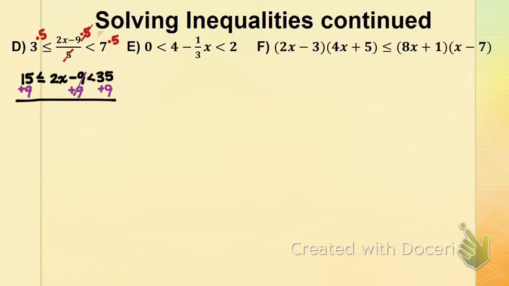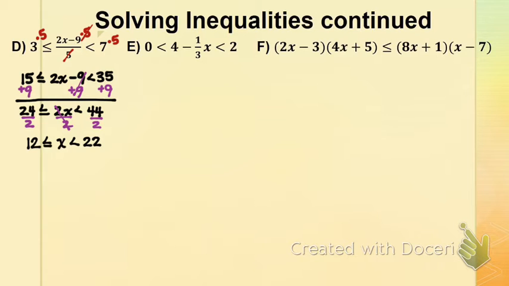See, 15 plus 9 is 24, less than or equal to 2x, less than, what is 35 plus 9? 44, thank you. And then we divide everybody by 2. And I get that 12 is less than or equal to x is less than 22.